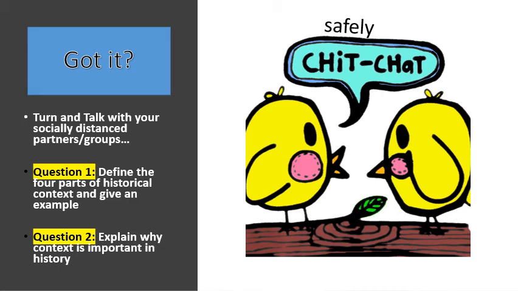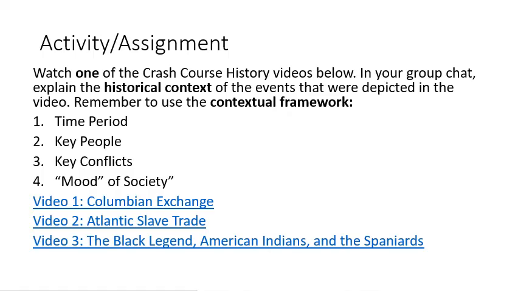So talk about these questions for a couple minutes, and then you can move on to the next part where I'm going to post those video clips. So here's what I'd like you to turn in, but it's going to be a little more informal. Based off of one of these video clips from these links, do the context.